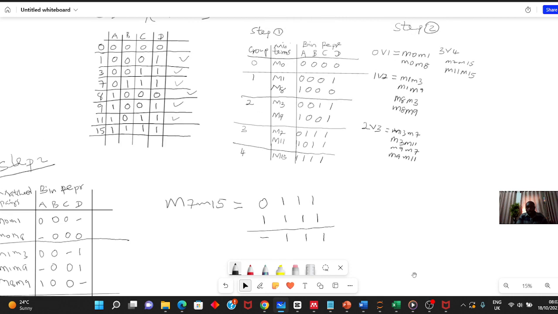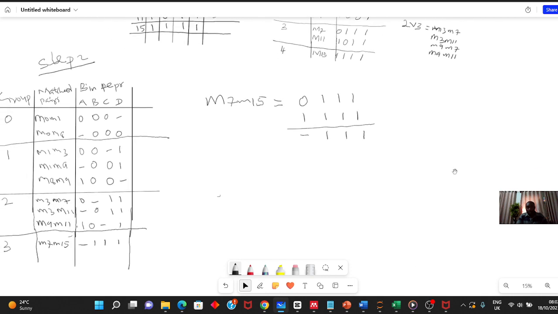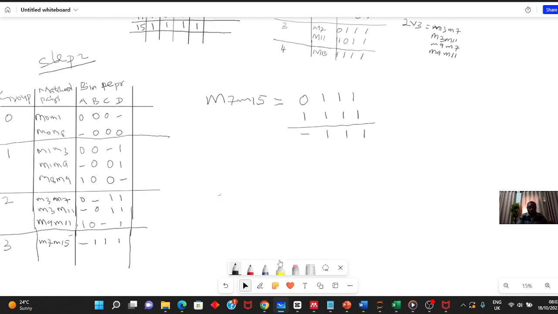So the next one is M11, M15. Let's see that. M11 is given to be 1, 0, 1, 1.